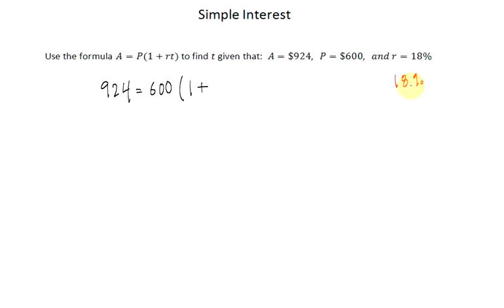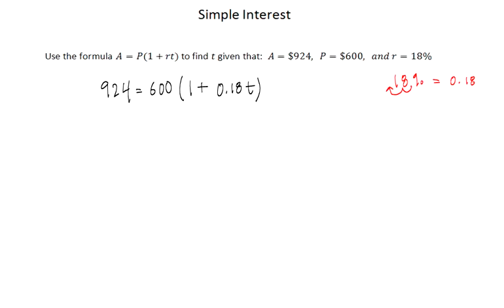So the decimal point appears here after the 8. We'll move that 2 places to the left, and so as a decimal, 18% is 0.18. That's the value that we will replace for R in the formula. So we have 0.18, and T is the variable that we want to solve for, so I'll leave that as T in the formula.